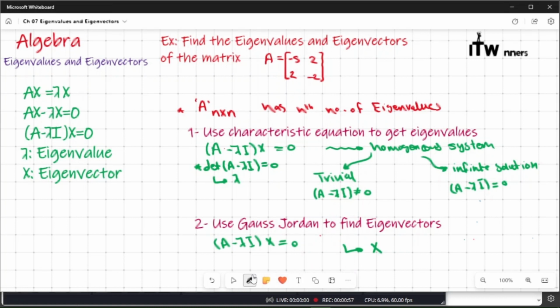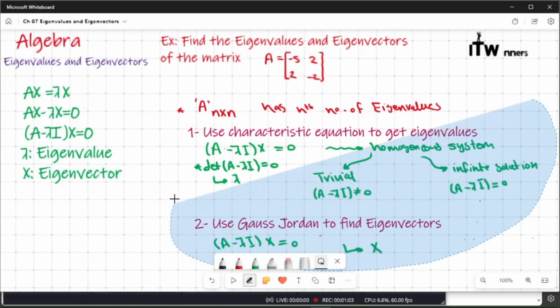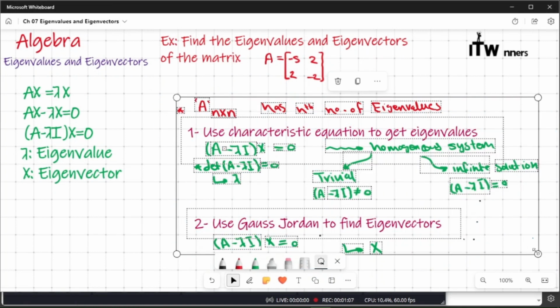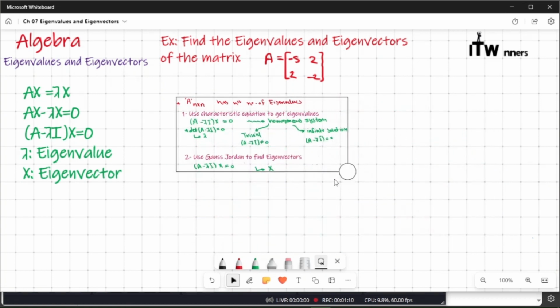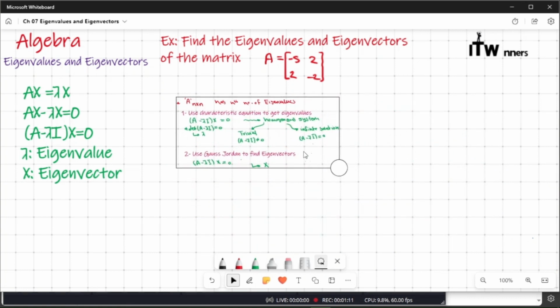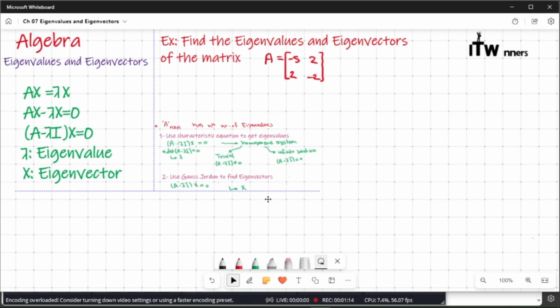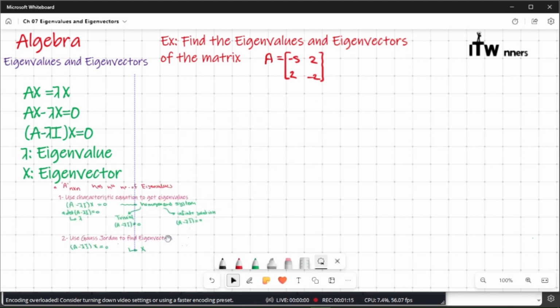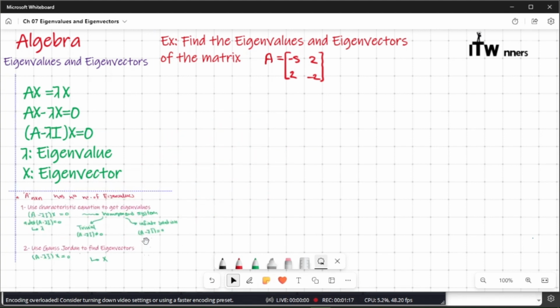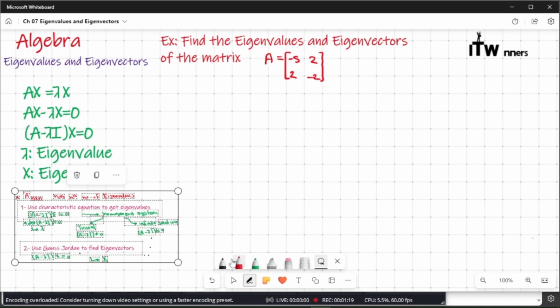The first step is to use the characteristic equation.